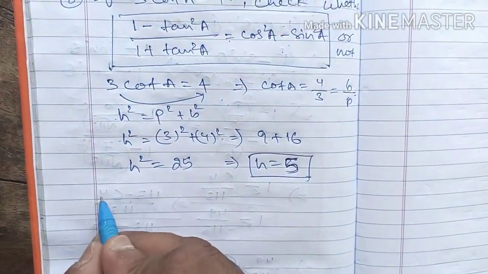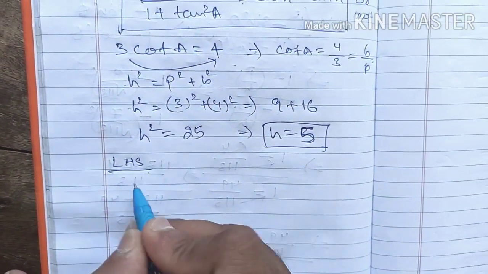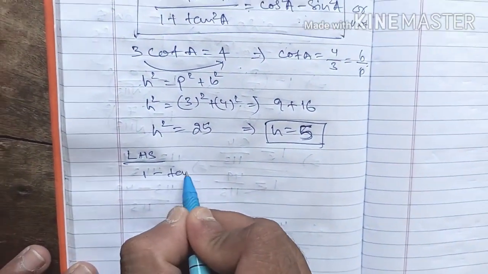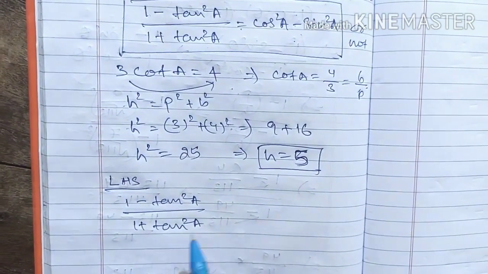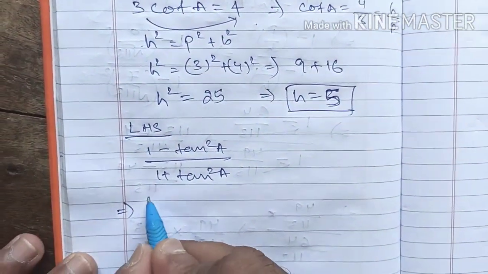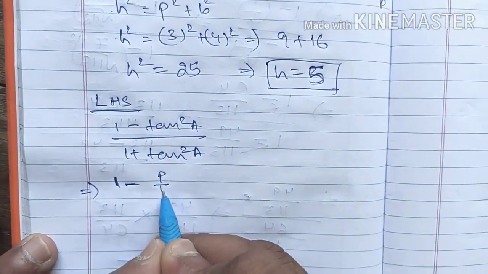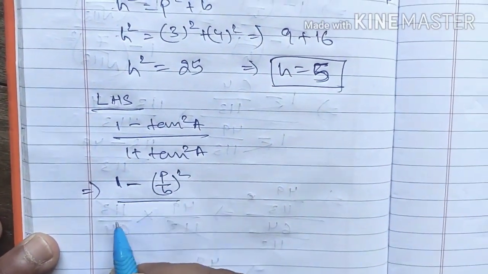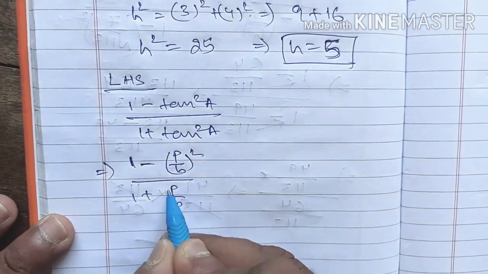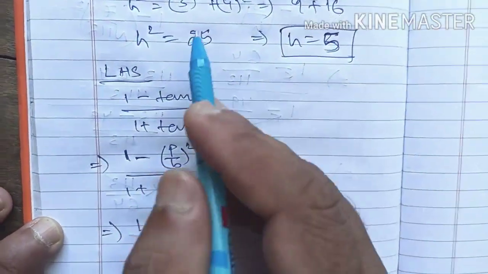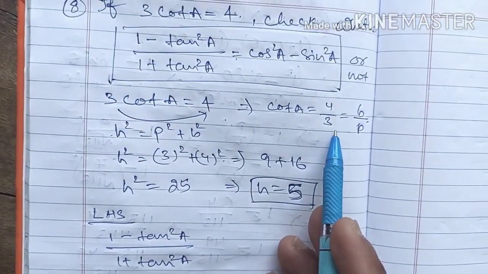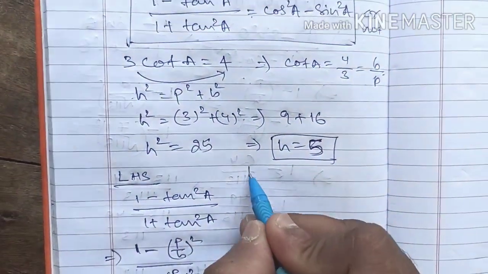Now we will take, first of all I will take LHS. LHS is 1 minus tan square A by 1 plus tan square A. Okay, tan theta formula is P by B, 1 minus P by B whole square, 1 plus P by B whole square.